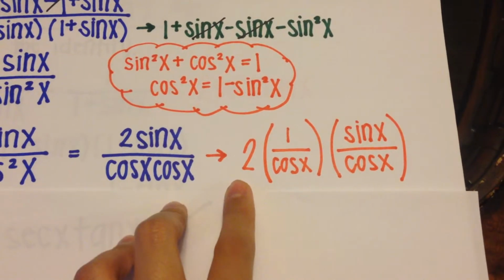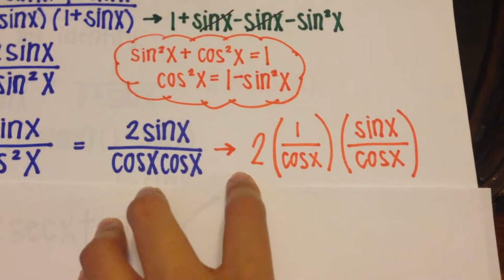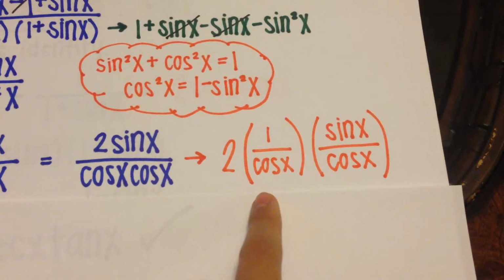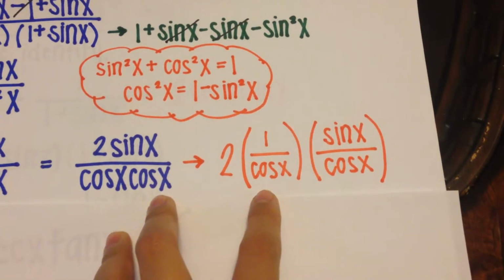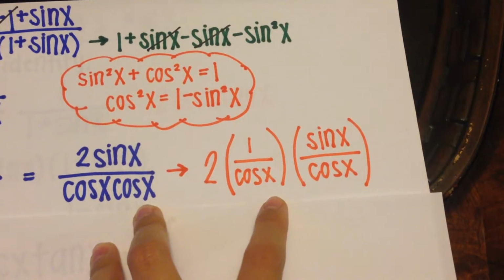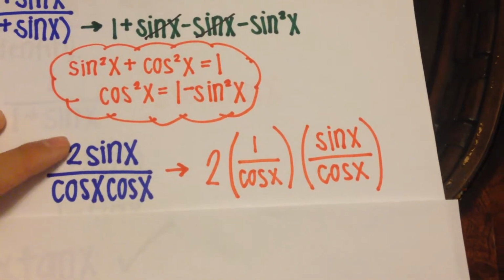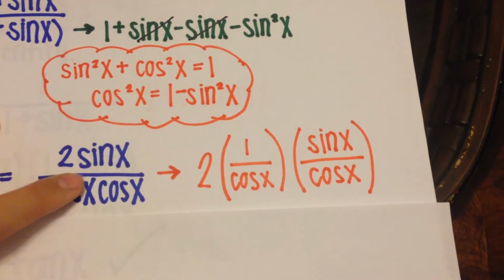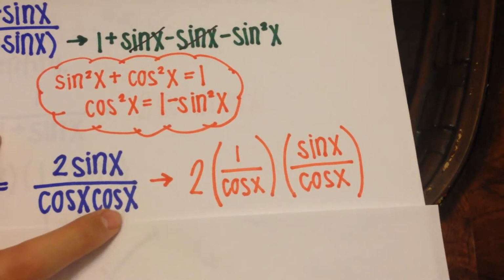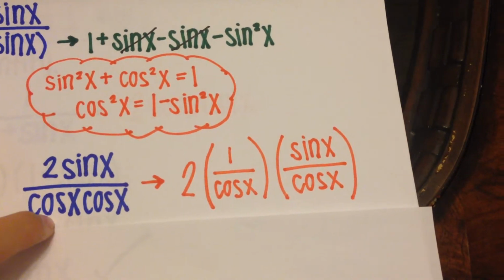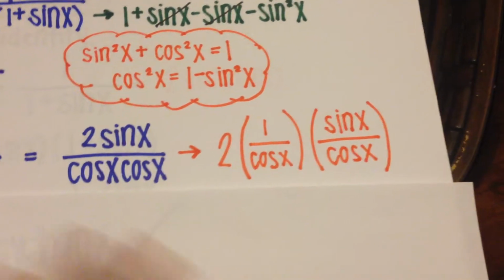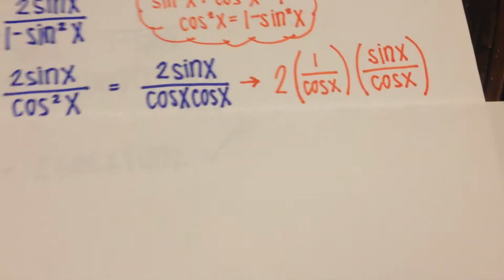And then basically what I did, I separated the fraction, and this is the same thing as 2 times 1 over cosine x times sine x over cosine x. Basically because there's a 2 here, it can go right here. You take the sine x and you put it over one of the cosine x's, and then you take one of the other cosine x's and you put it under like a 1. This is just the same thing as this, basically.